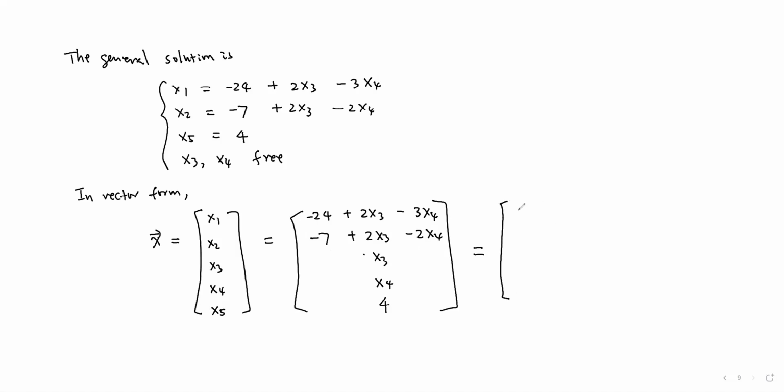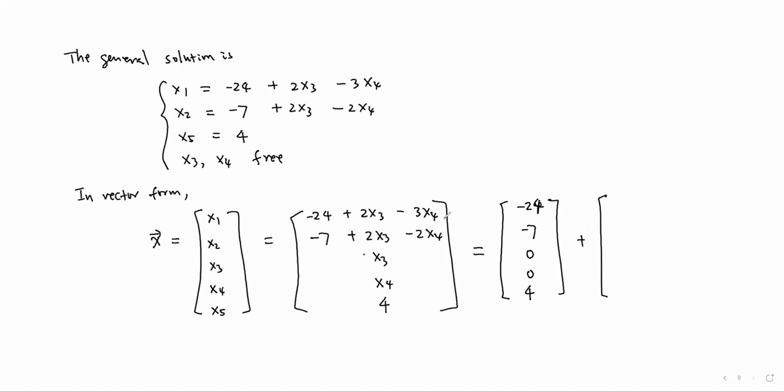The first vector contains constants: negative 24, 7. The third entry, the constant is 0. The fifth entry, the constant is 4. Then plus the second vector.